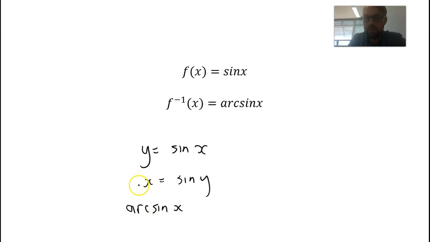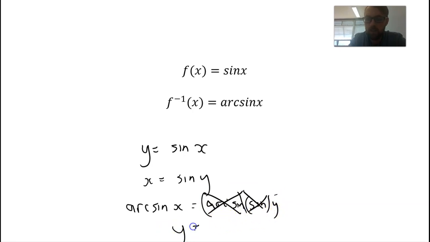So arc sine of x to this side equals arc sine of y. Now these two are like opposites, so they're going to cancel out, arc sine and sine, and I'm left with my y. So y equals arc sine x. Okay, so that's just a bit of play around with that.